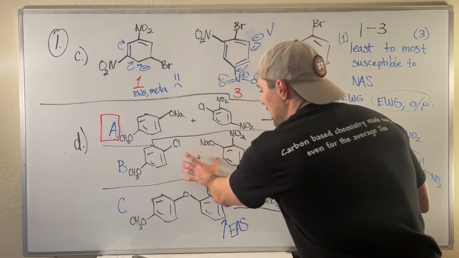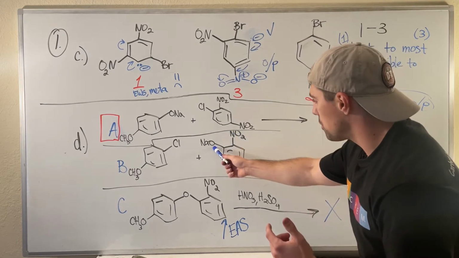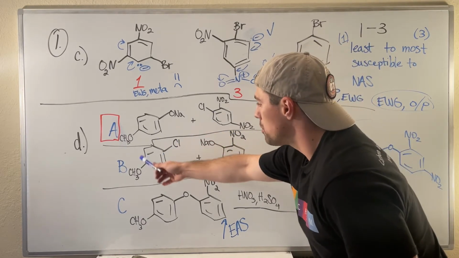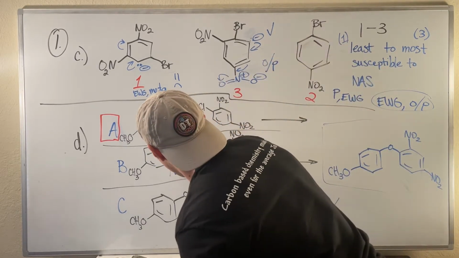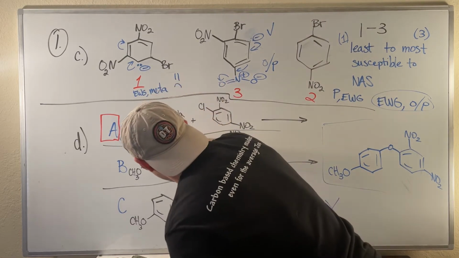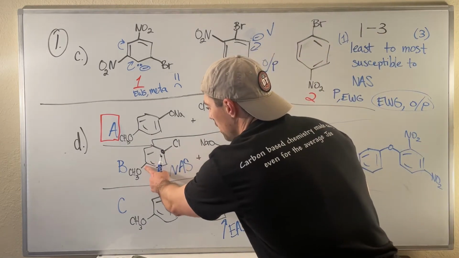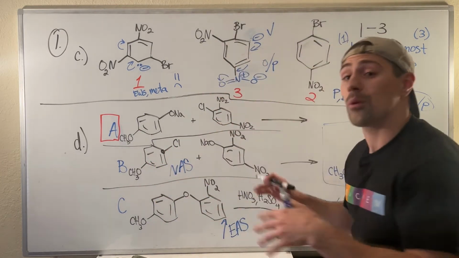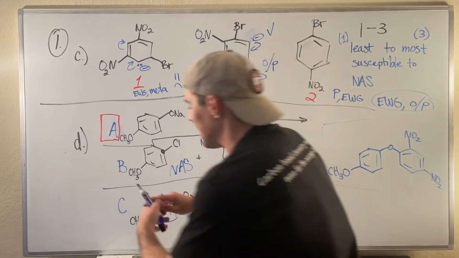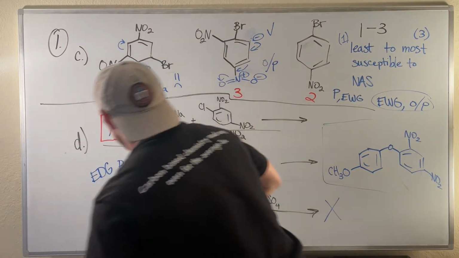And then when we look at B, this would be our nucleophile, and we would be doing nucleophilic aromatic substitution, NAS, on this structure right here. However, we do have a substituent para to where we're going to attack, where our leaving group is, but it's an EDG, which is not good.